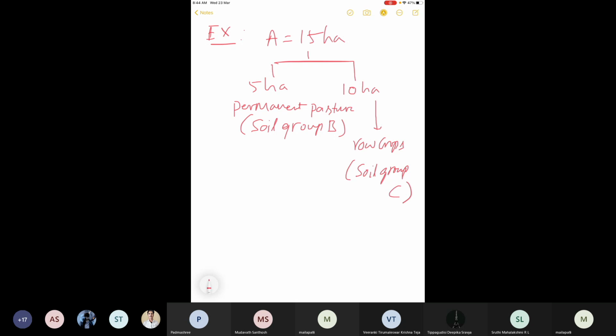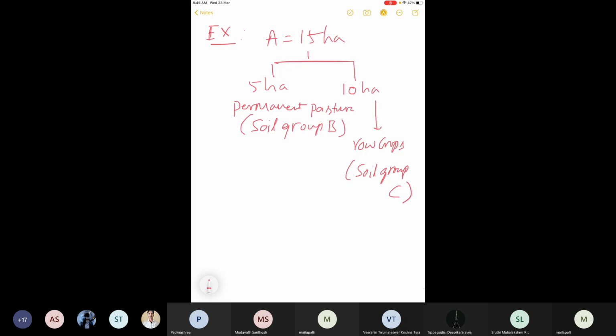Soil groups are A, B, C, D. They are classified based on the drainage characteristics. Soil group C is poor condition and D also very poor condition, mostly clay soils. Soil groups A and B are well-drained soils.